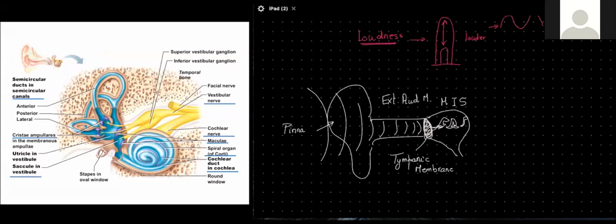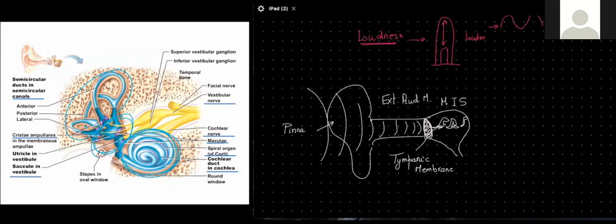Your internal ear is formed of three main organs. First one is going to be the cochlea. Second one is the vestibule. And the third one is going to be my semicircular canals. Each of the three is going to be responsible to detect a different sensation than the other.